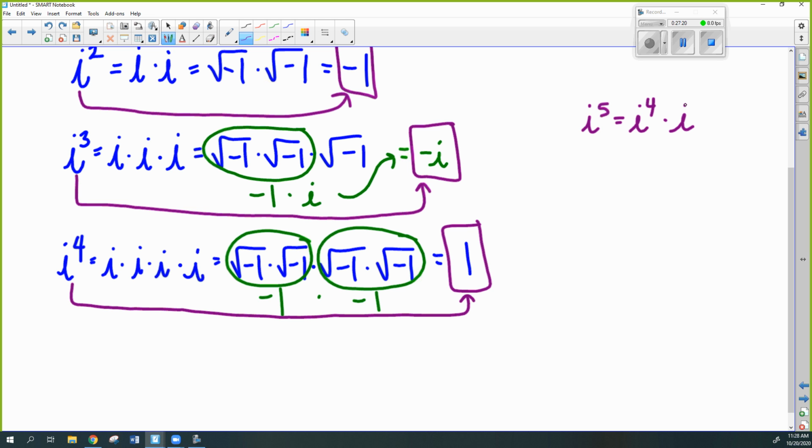Well, the i to the 4th would become 1. And so that answer would just be i to the 1st. And if I did i to the 6th the same way, I could take out 4 of them, and that would equal i to the 2nd, but come back over here, i to the 2nd is equal to negative 1.